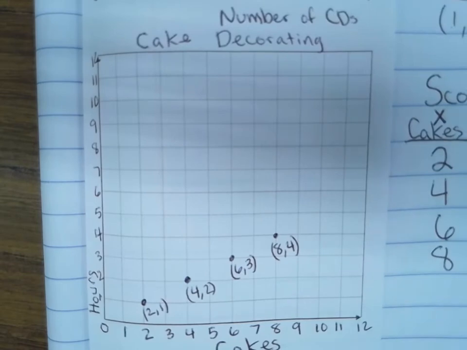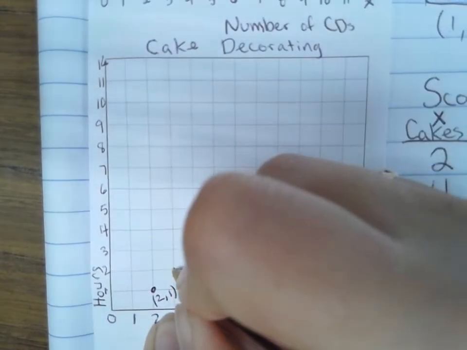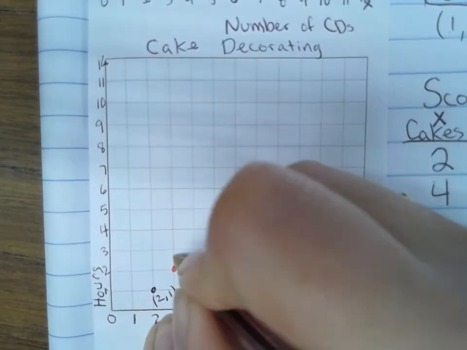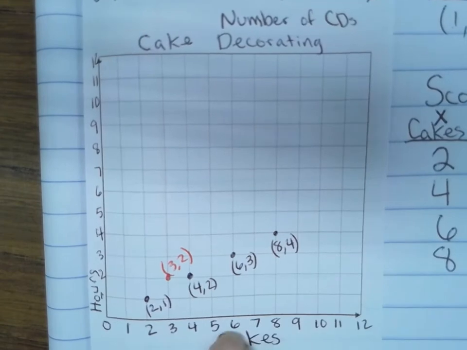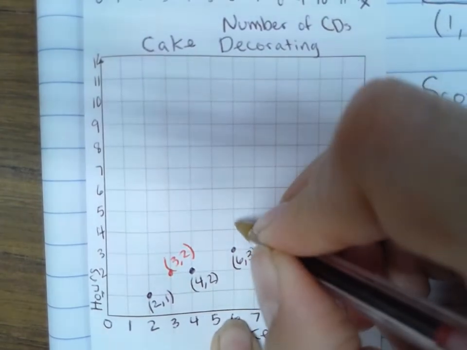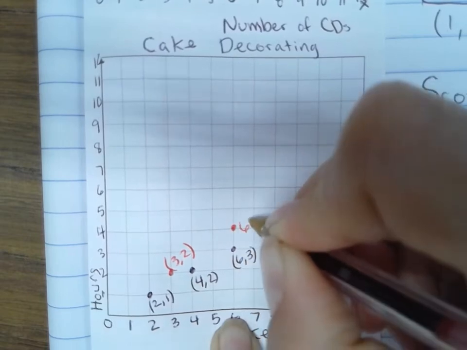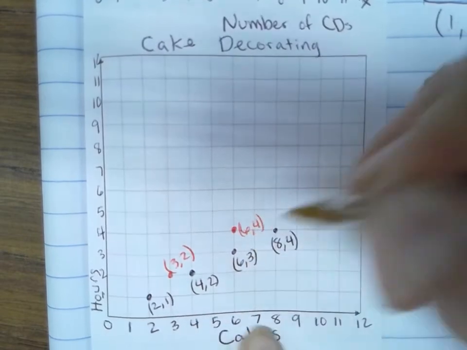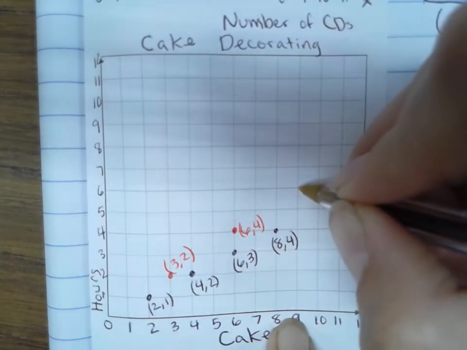Okay, now looking at Jeff, he could do 3 cakes in 2 hours. He could do 6 cakes in 4 hours. Could do 9 cakes in 6 hours.